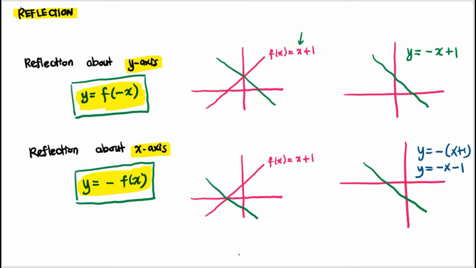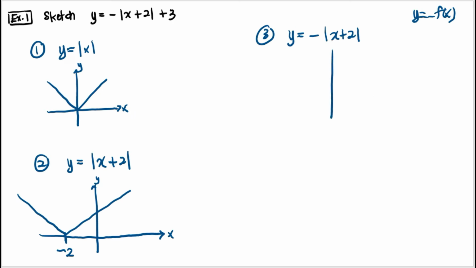Using the concept of reflection, this is a reflection about the x-axis. So if this is the graph, with x and y, the graph should be something like this. This is negative 2, and this is negative 2, because it is reflected about the x-axis.